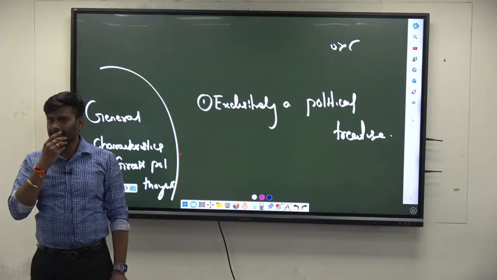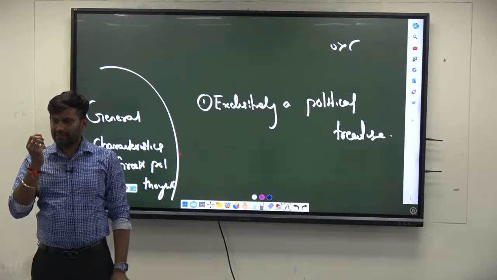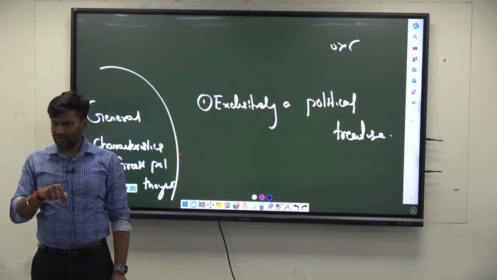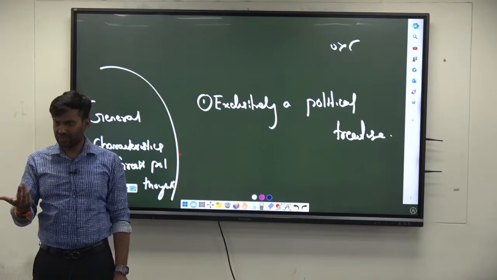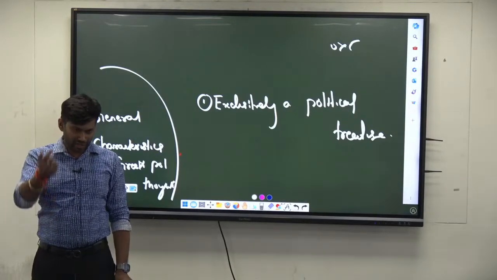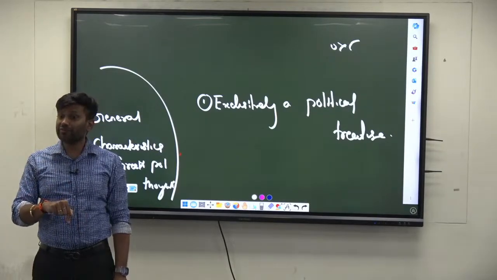For example, in Indian political thought, if you take the Bhagavad Gita, there is the concept of Nyaya and Niti.